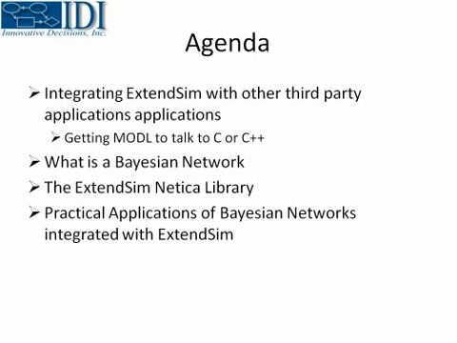I'll briefly go over the ExtendSim net library, which is a set of customized blocks that allow the integration of the Bayesian networks with an ExtendSim model or simulation. And then finally, we'll wrap up with a couple of practical examples of some work.